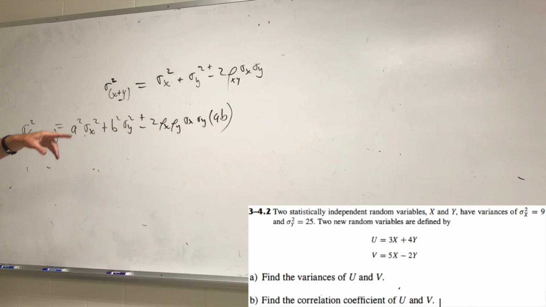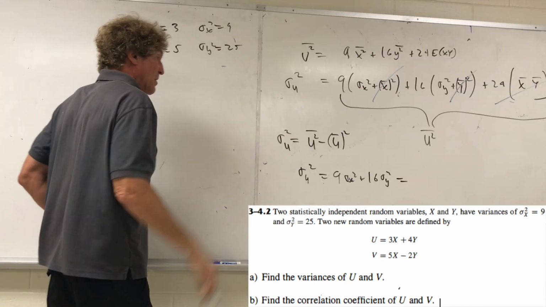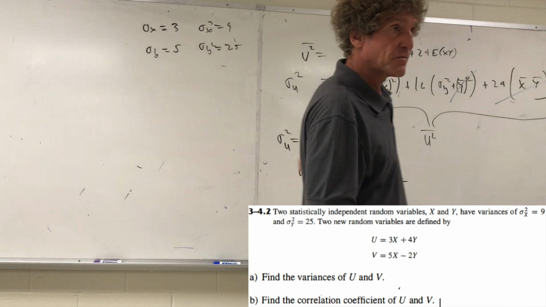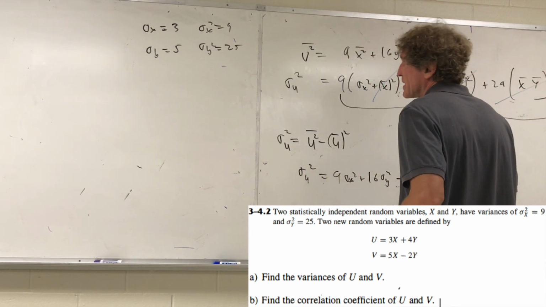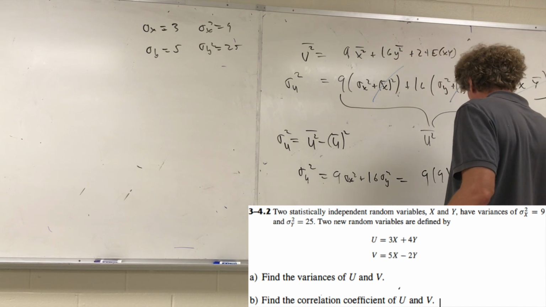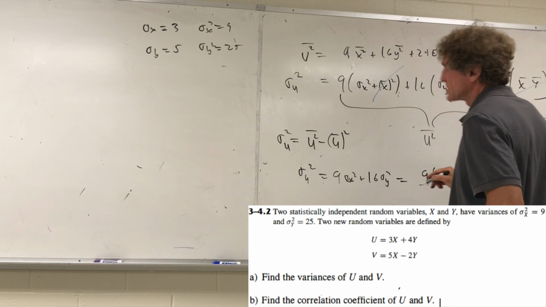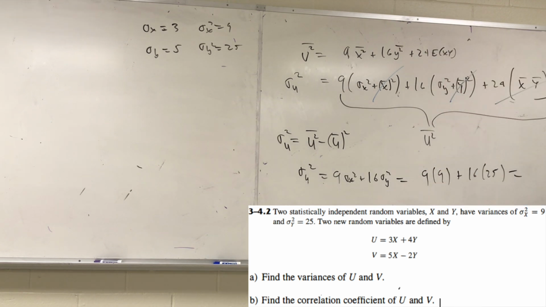When you do all that, this is what you get. So write this equation in your book because you're going to use it. We're going to do the next part based on that. For the answer we should get for the first part, and you've got the solutions down here, it's going to be 9 times sigma x squared, which is 9, plus 16 times sigma y squared, which is 25. That's a big number. What is this? 481? Is that right? That's right.